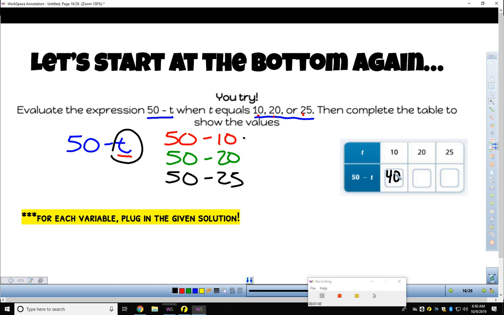That'd be 40. In the second situation, I've eaten 20 of my tater tots. I've taken 20 away. So I would have 30 left. And then finally, in the last situation, I took 25 away. So I would have 25 left. The whole idea here is that you are trying to figure out what this expression is worth for possible values.